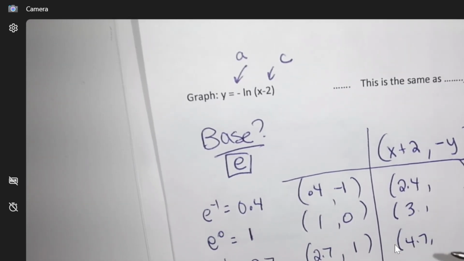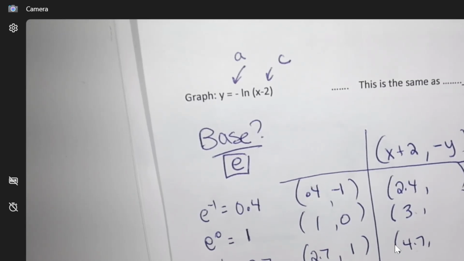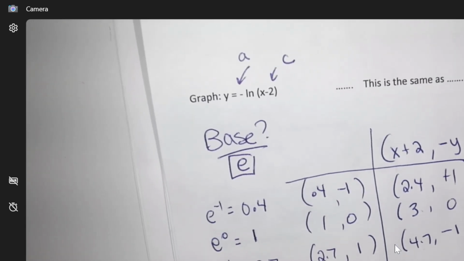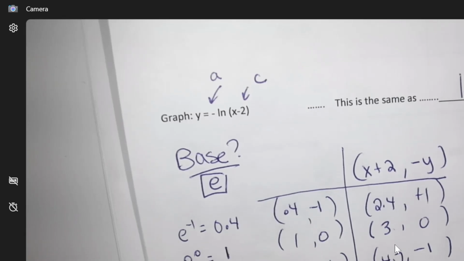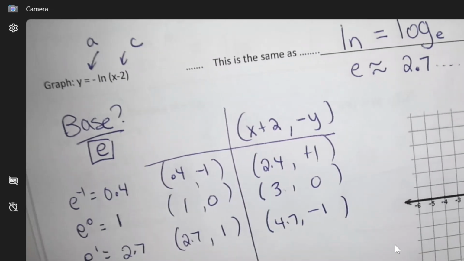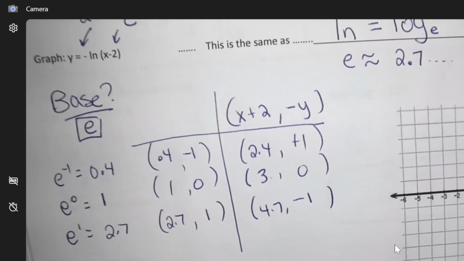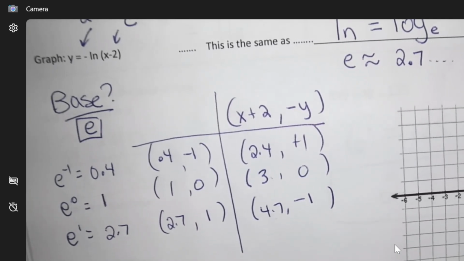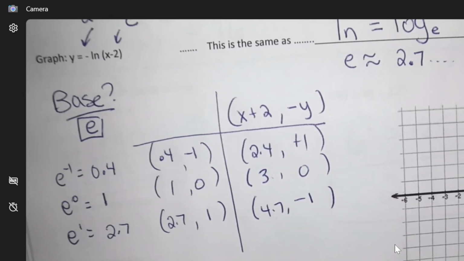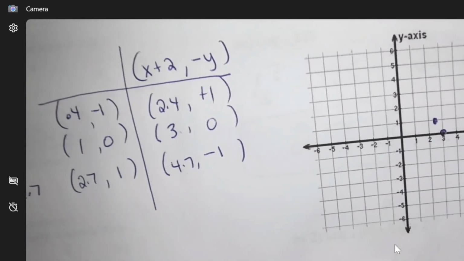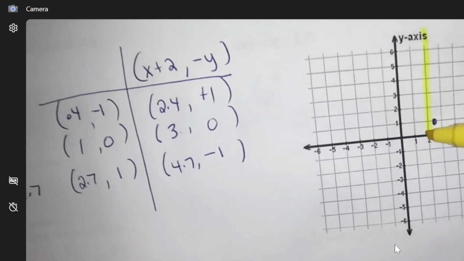Add 2, add 2, add 2. Okay, so graph those points. Where is your asymptote? At 2, x equals 2.